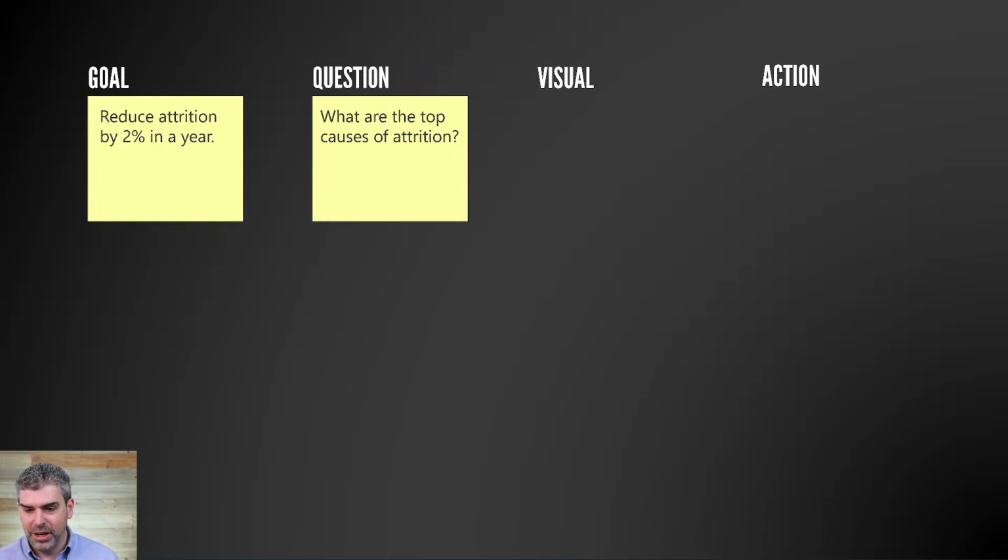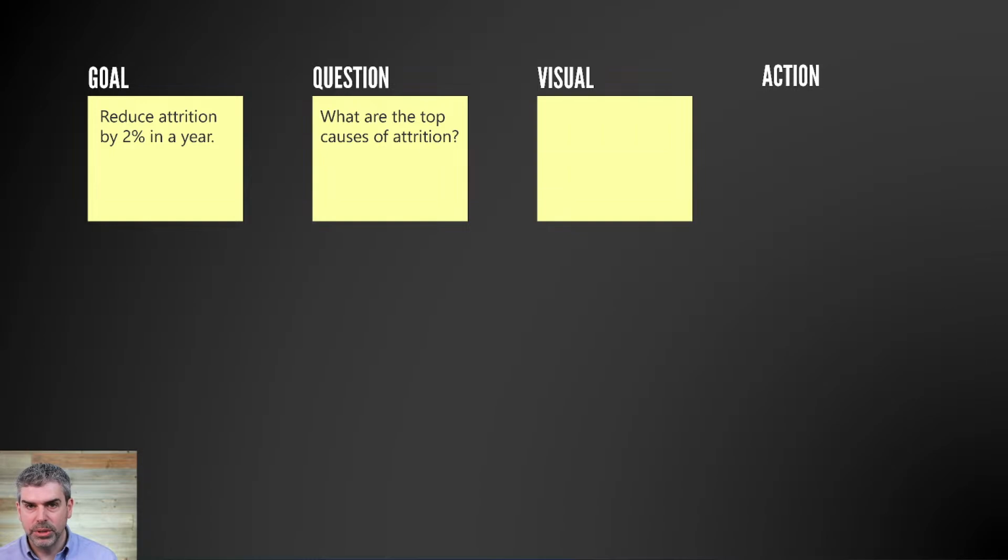So for our example, we keep going and say, okay, what's a visual I need to see? And this one is a table with each reason ranked in order of impact. Think of reasons people might be attriting from an organization on the Death Star. It might be too much time with Darth Vader, which is incredibly high risk time.